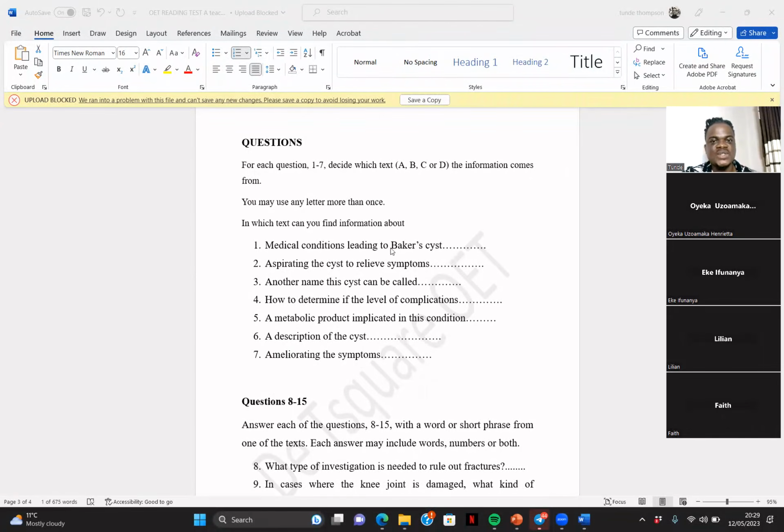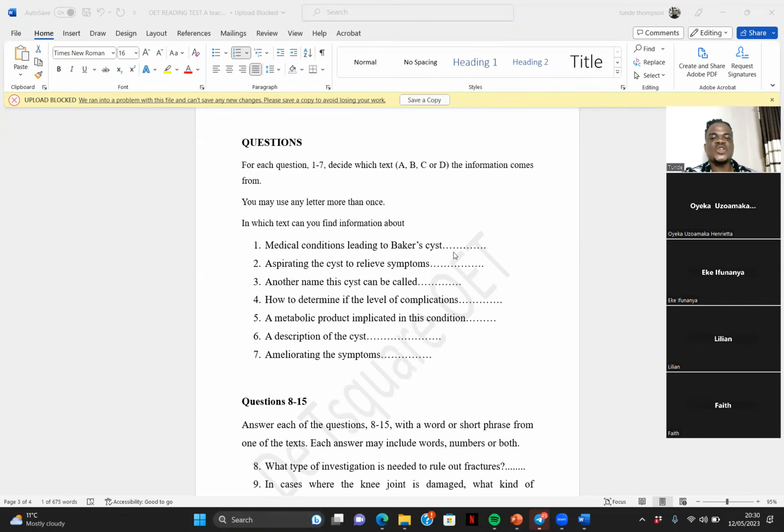Medical conditions leading to Baker cyst. You said initially that text A is defining or giving the signs and symptoms, while text B is talking about the causes. If text B is talking about the causes, and the question says medical condition leading to Baker's cyst, it's like asking you for a medical condition causing Baker's cyst.